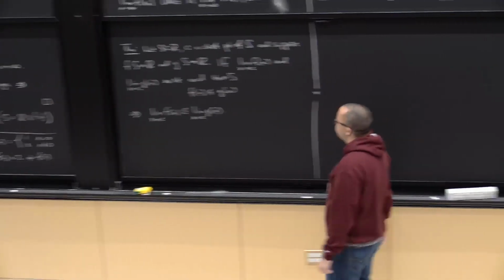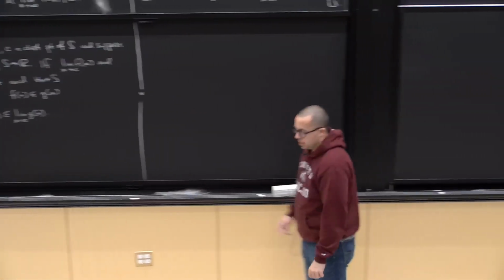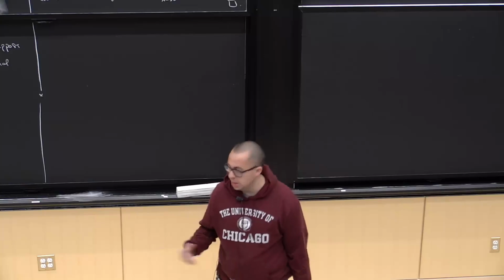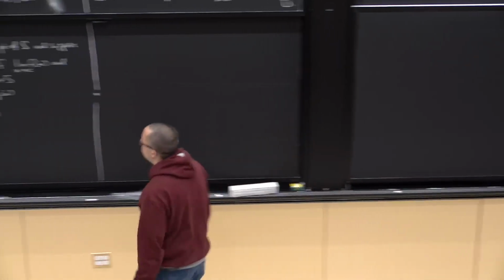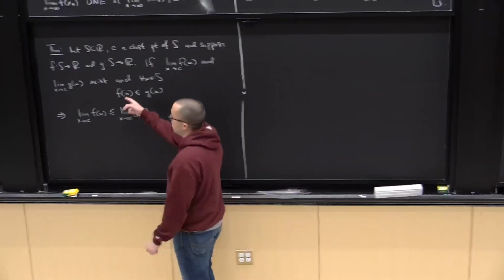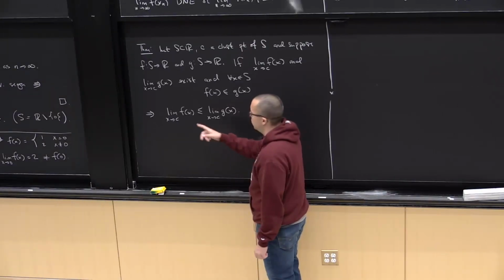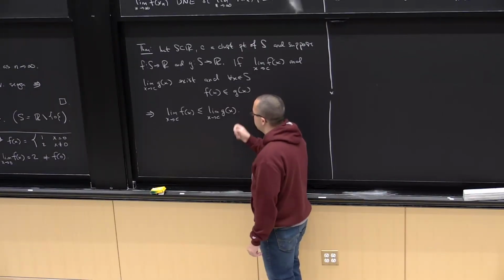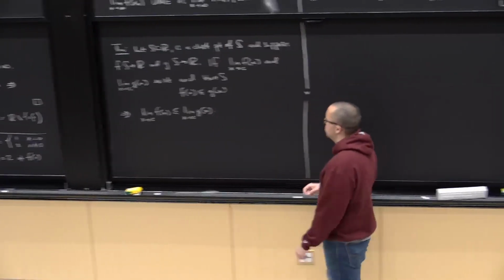Okay? So again, the analogous statement for sequences was we have two sequences, one less than or equal to the other, then the limit of the smaller sequence is less than or equal to the limit of the bigger sequence. Okay?